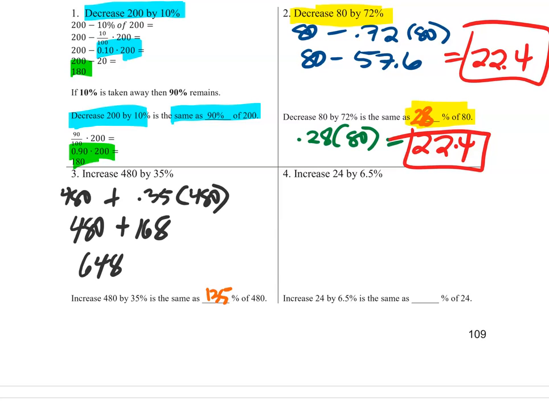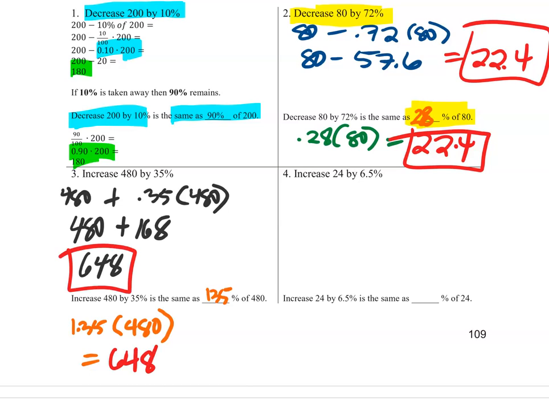So let's check that. 135% of 480 is the same thing as 1.35 times 480, and that is equal to 648. So they are the same. Okay, so don't forget here, increase 480 by 35% is the same thing as 135% of 480.